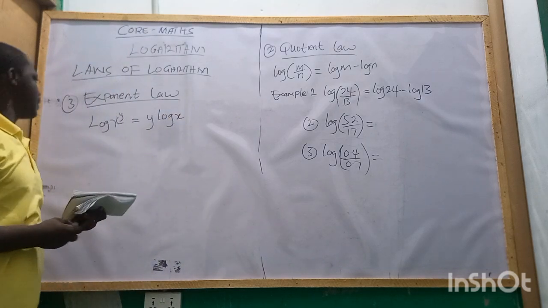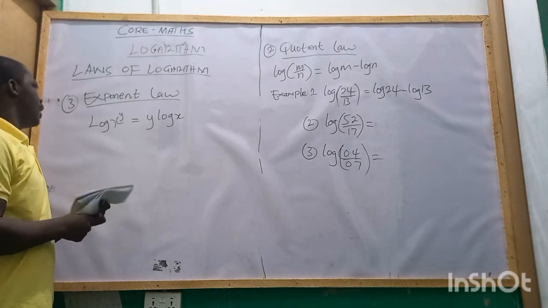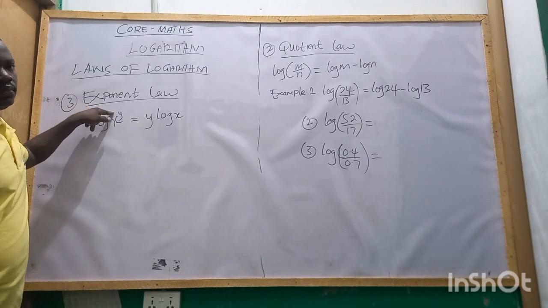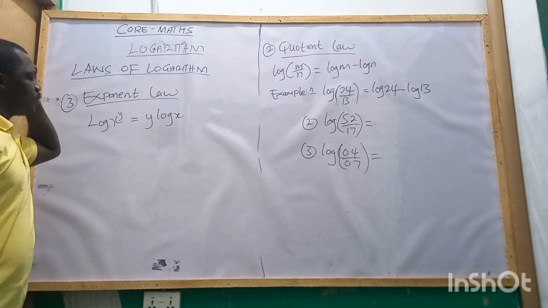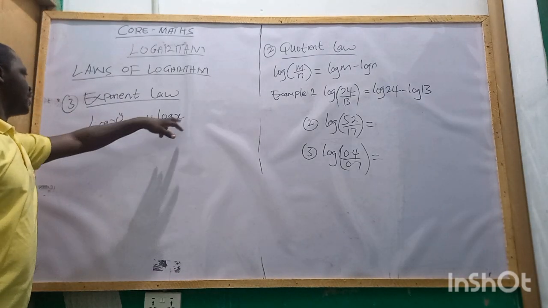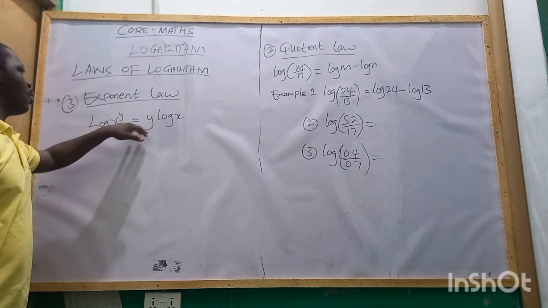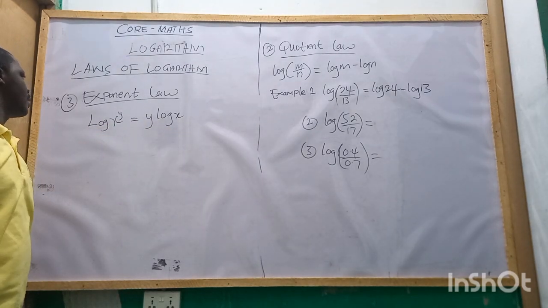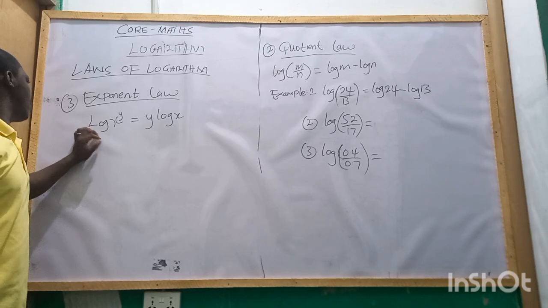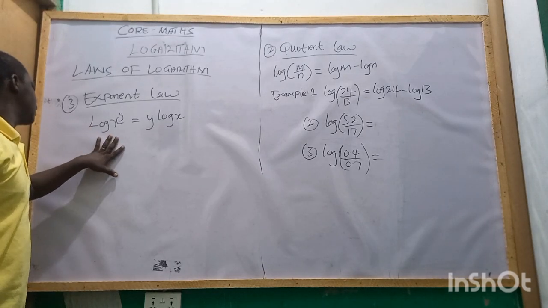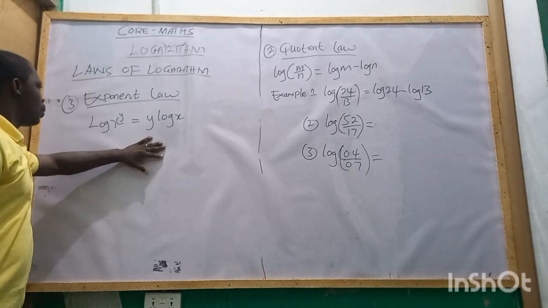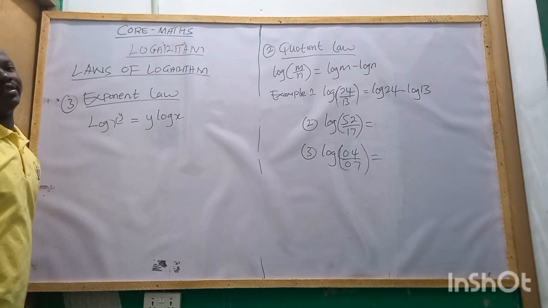So for the exponent law, you have the log of x exponent y. If you have such, the exponent, which is y, will come and multiply the log. Very simple. So log of x to the exponent y will be equal to what? y log x. Very simple.